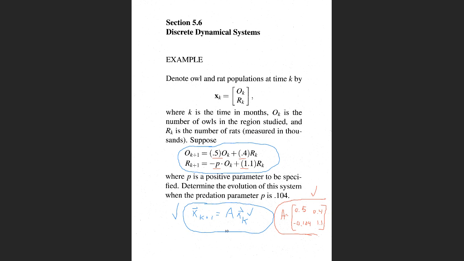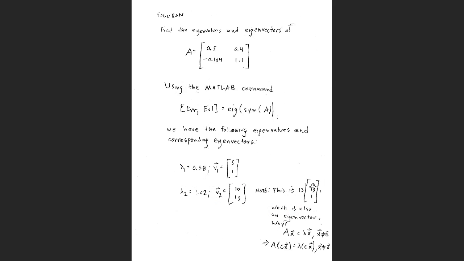And what I've done here is I've given you a MATLAB command that will produce nice eigenvalues and eigenvectors for this problem, but it won't necessarily do it for every problem. But what you do is you're going to store the eigenvectors and eigenvalues.